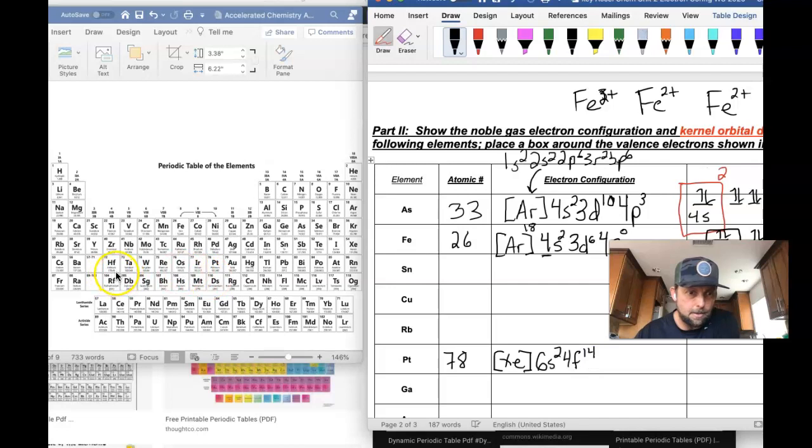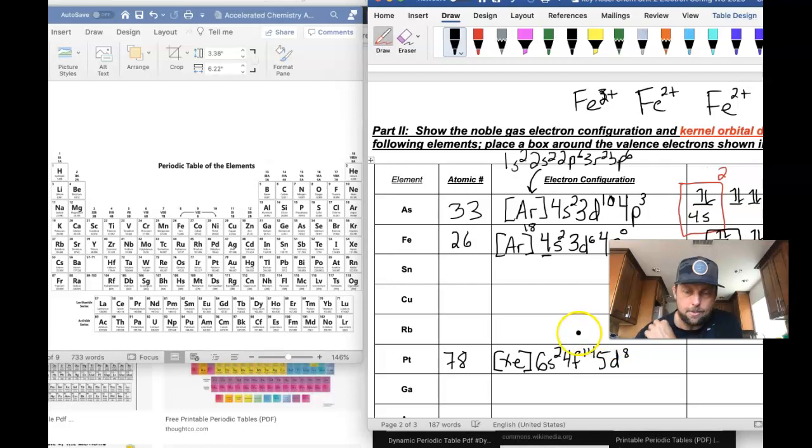And then if we count along after that, we go 1, 2, 3, 4, 5, 6, 7, 8, 9, 10, 11, 12, 13, 14. And then for some reason this periodic table puts Lu right here. In other periodic tables it's shown on the main transition block. So we get 1, 2, 3, 4, 5, 6, 7, 8. And that would give us 5d8.